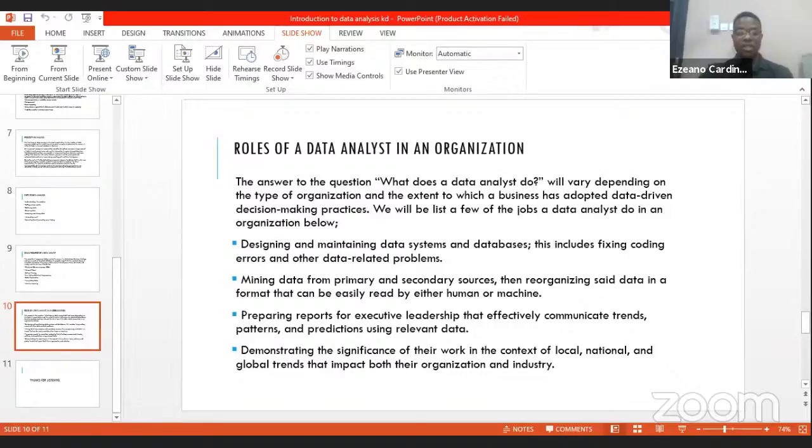Mining data from primary and secondary sources, then reorganizing said data into a format that can be easily read by either human or machine. Preparing reports demonstrating the significance of their work in the context of local, national, and global trends that impact both their organization and industry.